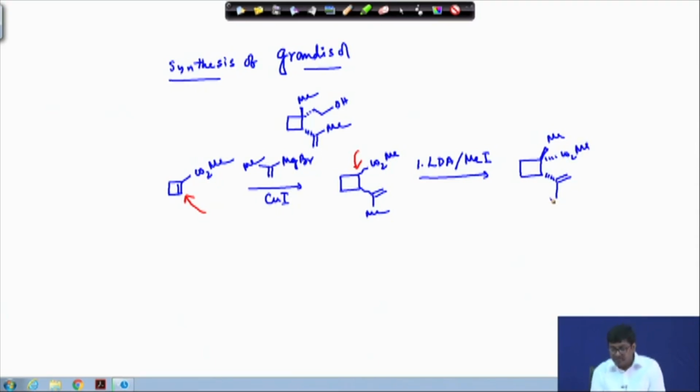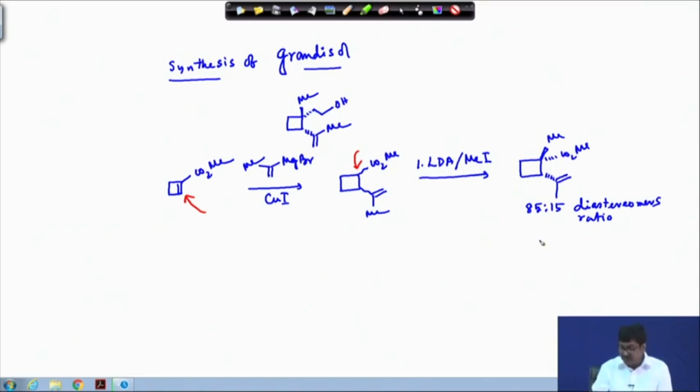Once this gives the quaternary center, the ratio of the 2 diastereomers is 85:15. Obviously the other diastereomer also forms, but this one will predominate.